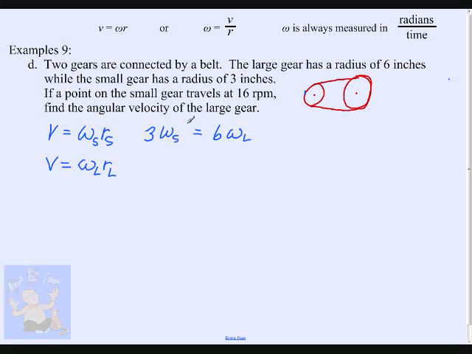And I do know that this small gear, its angular velocity is 16 revolutions per minute.